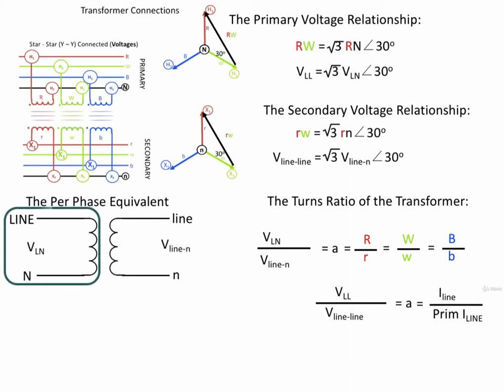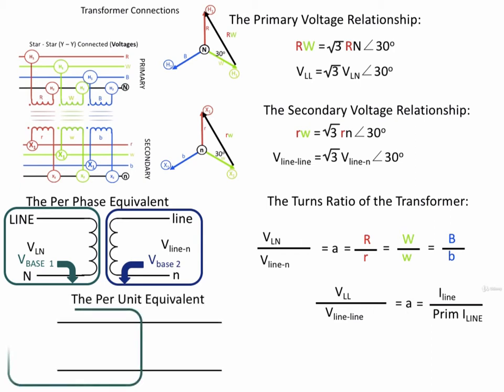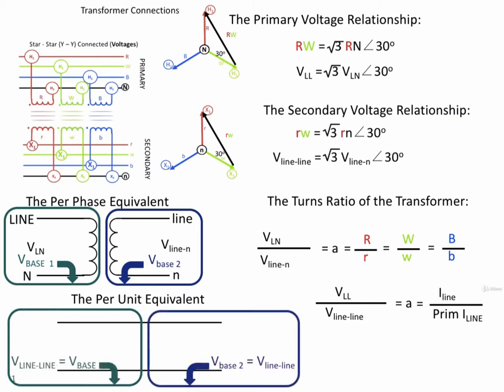It goes without saying that there are two voltage levels to be looking at, a primary and a secondary voltage level, and we can describe them in terms of the line to neutral voltages. And if we adopted these two voltages as the base values when considering a per unit equivalent circuit, then our per unit equivalent circuit would look like this, which essentially is just two wires, neglecting, of course, the turns ratio of the transformer because we're dealing in per unit values now.